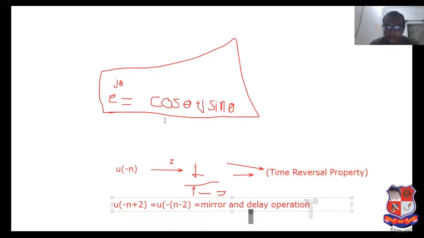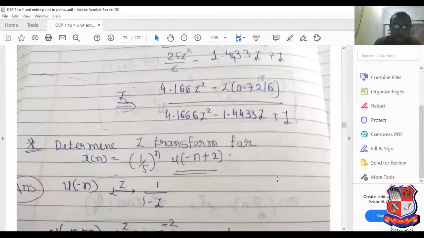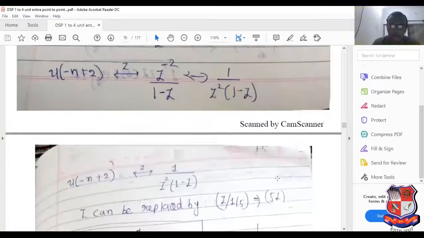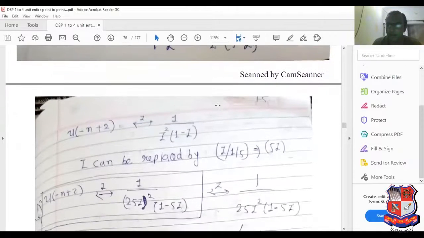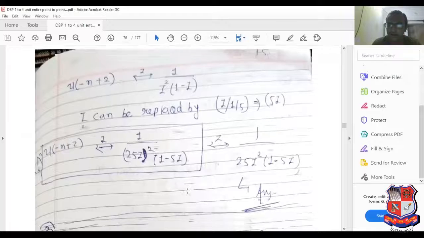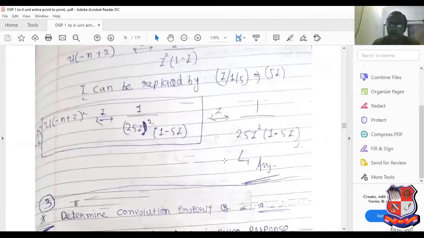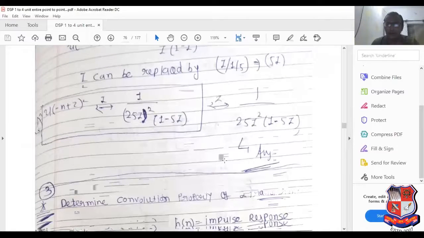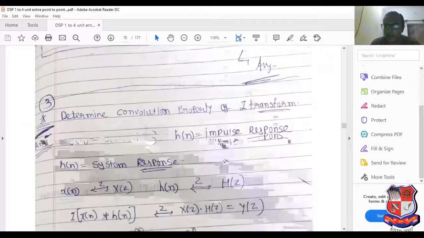So here it is z raised to minus 2 upon 1 minus z, so 1 upon z square divided by 1 minus z. Now z can be replaced by 5z, so 1 upon 25 z whole square times 1 minus 5z. So this is the answer, a basic example based on the time reversal property.